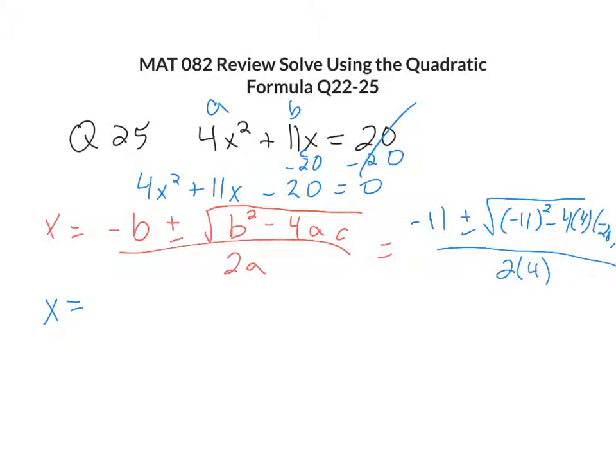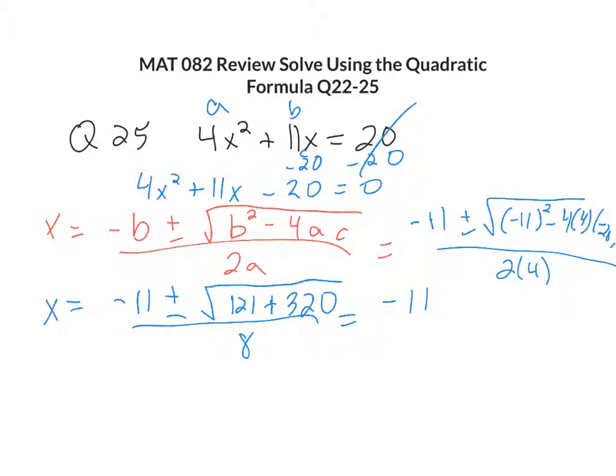So that gives me negative 11 plus or minus negative 11 squared is 121. It's positive. And then I have negative 4 times negative 20, which will give me a positive 320, over 2 times 4 is 8.